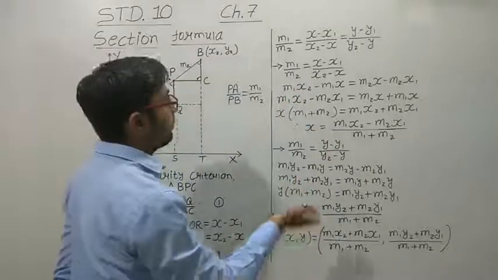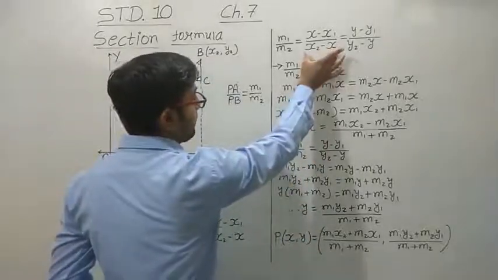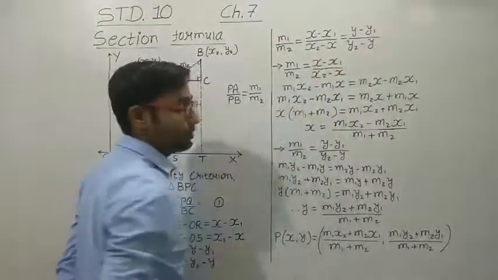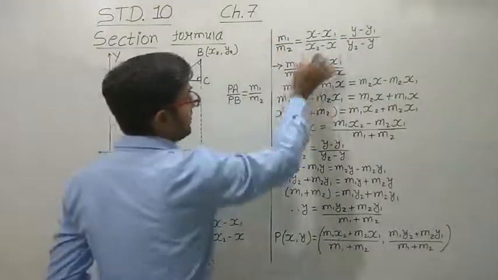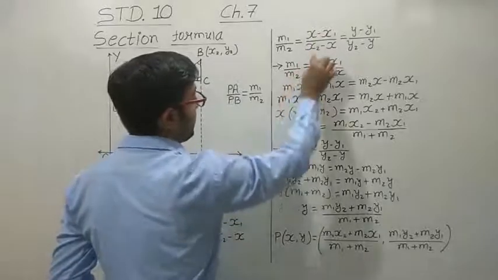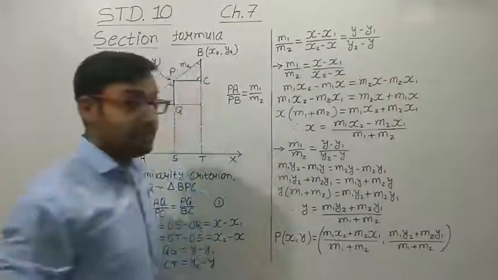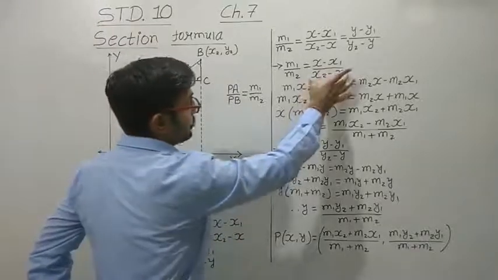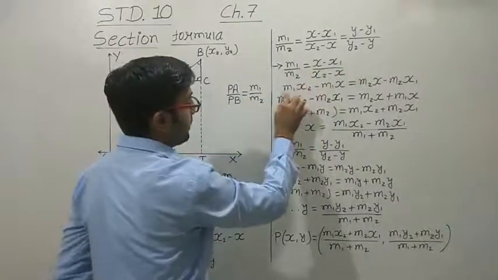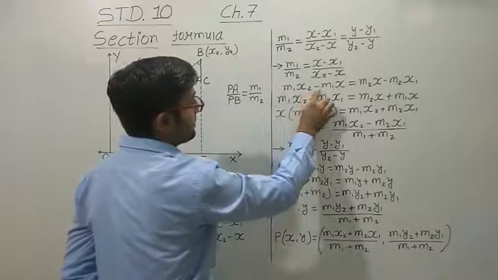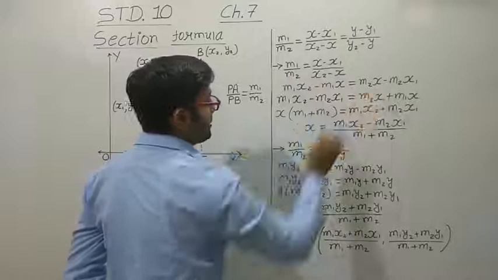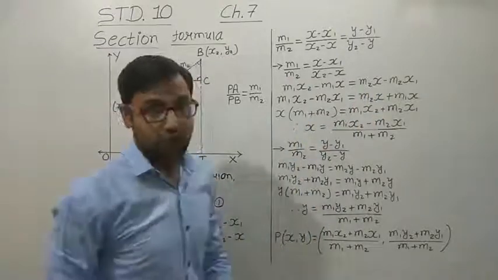Now we will compare one by one this one with M1 upon M2 and this one with M1 upon M2. When we compare M1 upon M2 with X minus X1 over X2 minus X, and multiply X2 minus X with M1, we get M1 into X2 minus M1 into X, which equals M2 into X minus M2 into X1.